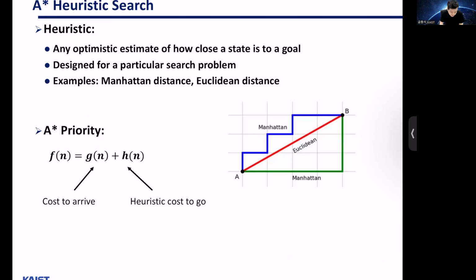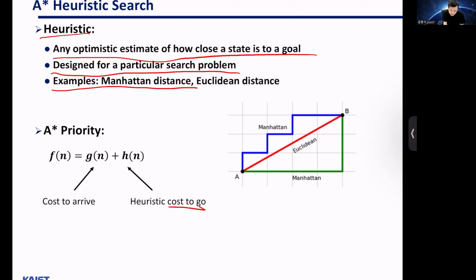So that's where approximation comes in for the cost to go term using a heuristic. So we can use any optimistic estimate of how close a state is to a goal, designed for a particular search problem.